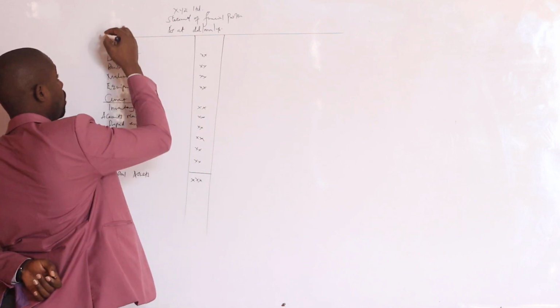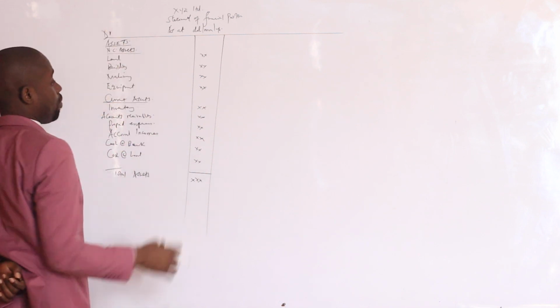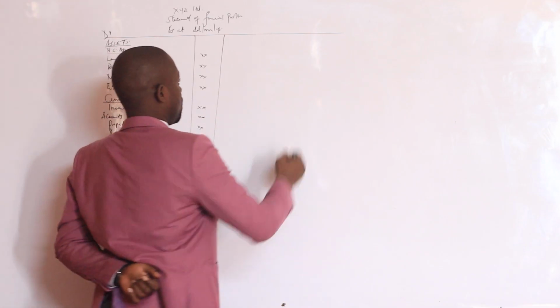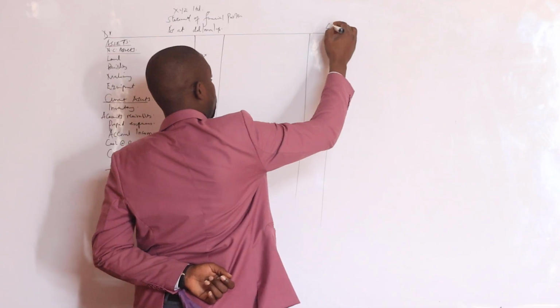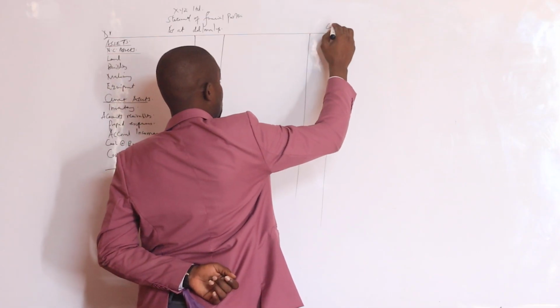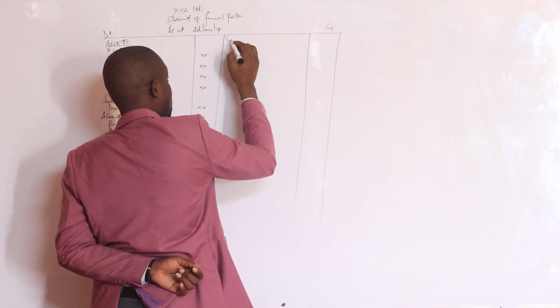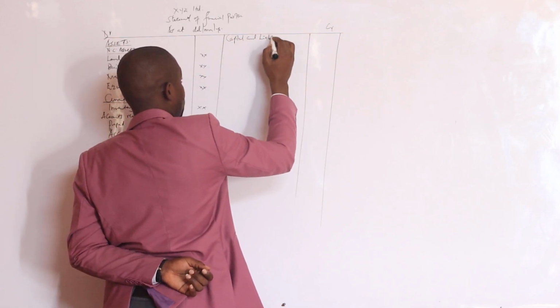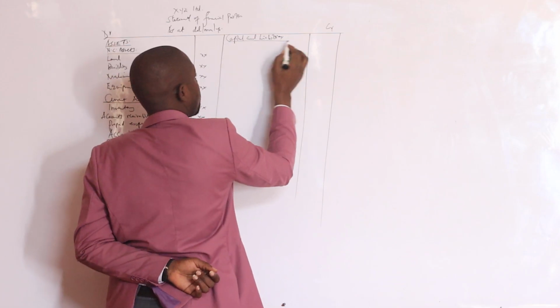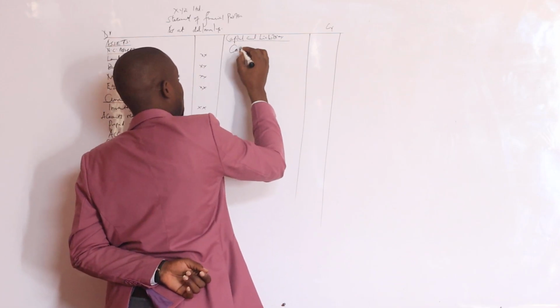Now this side is called the debit side. DR stands for debit. We've got the credit side, the right-hand side, which we call credit, CR, that's for credit. We have capital and liabilities. Capital will only be one item for now.